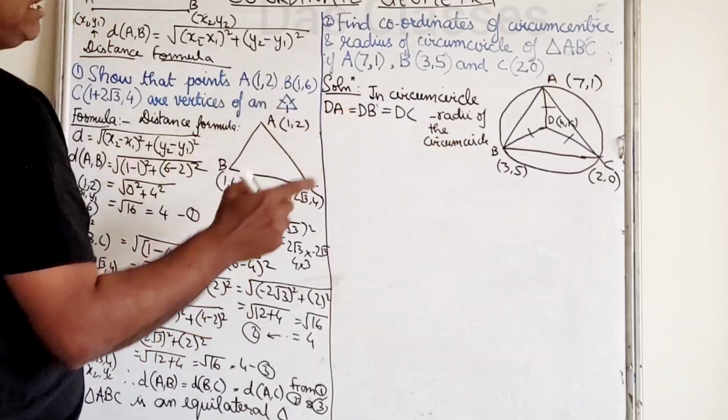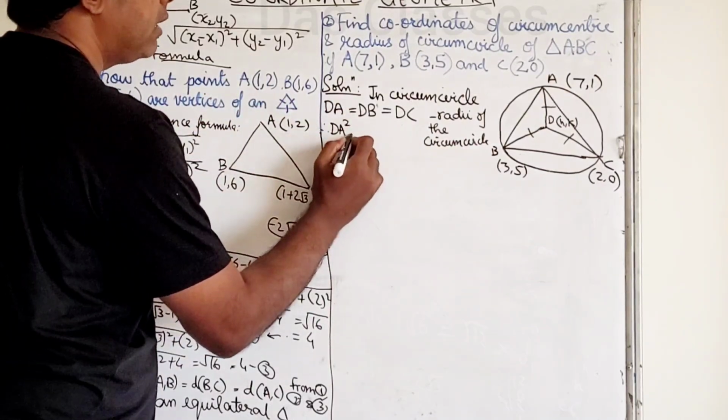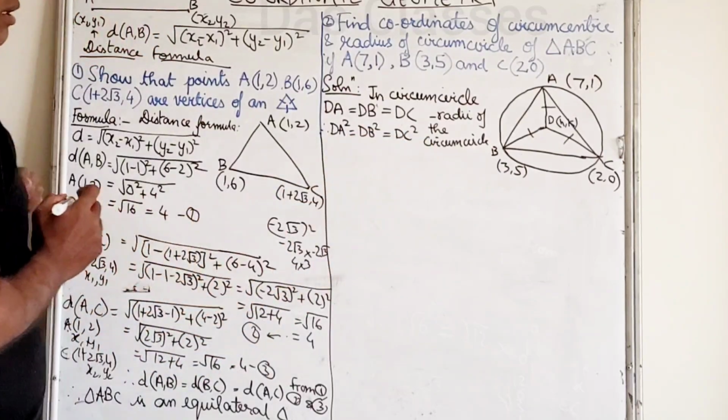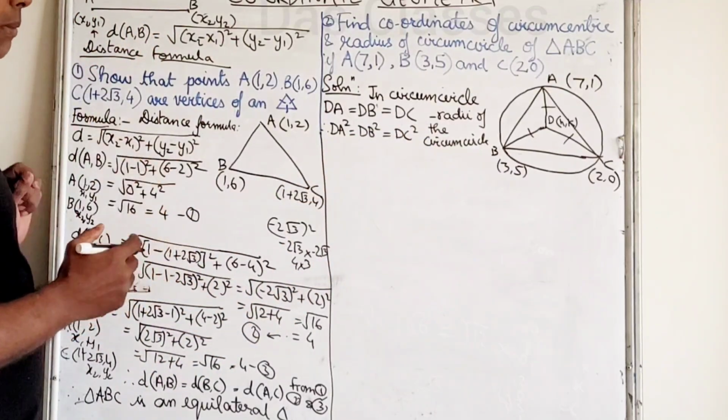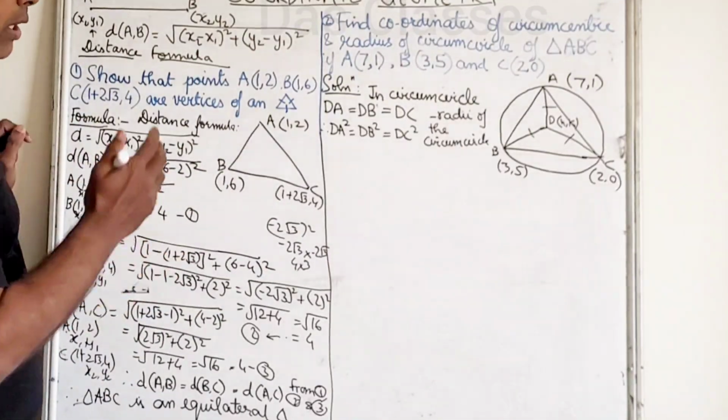Now as they are equal, if I square all of them, we get DA square equal to DB square equal to DC square. So by the distance formula, we need to find each of them: DA square, DB square, DC square. So let's do it.